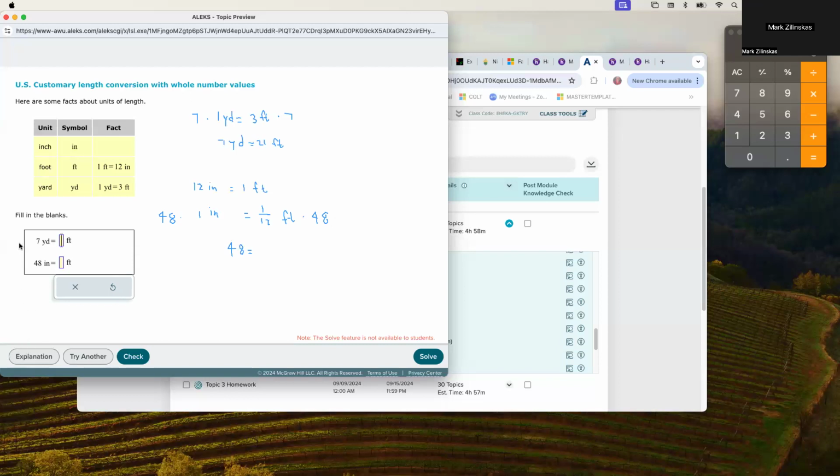So again, take 48 and divide it by 12. And there's my 4 over here. So I'll go back and write that in there. So that's going to be 1/12 times 48, which is 48 divided by 12, which is 4 feet. And I forgot my inches, so I better erase it.